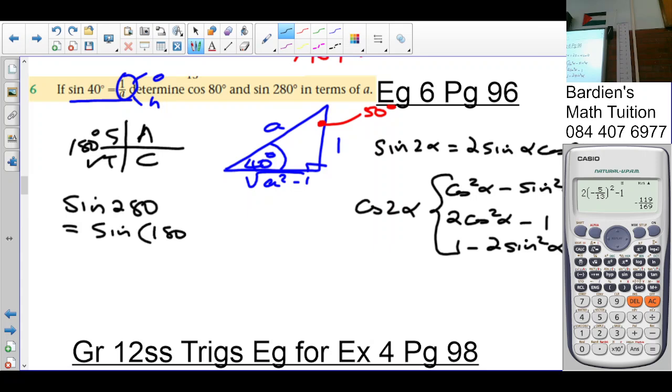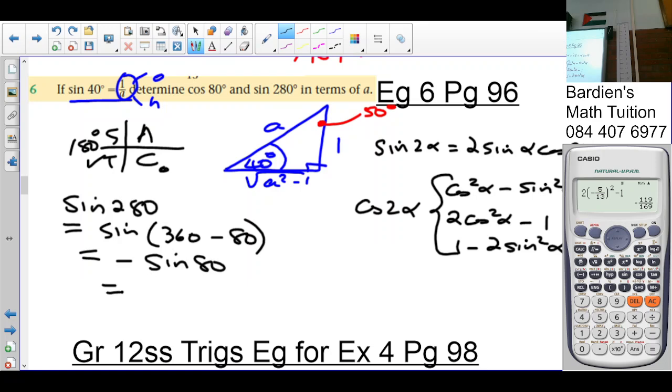It's 180 plus, it's not in the third quadrant, it's in the fourth quadrant. It's over 270. Okay, my mistake. So it's going to become sine of 360 minus 80. So 360 minus 80 is in the fourth quadrant. Sine positive or negative? Negative sine 80.